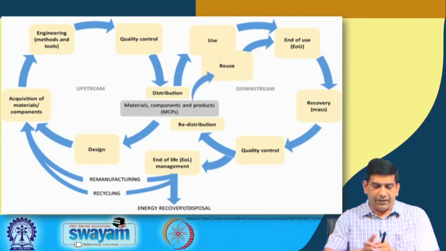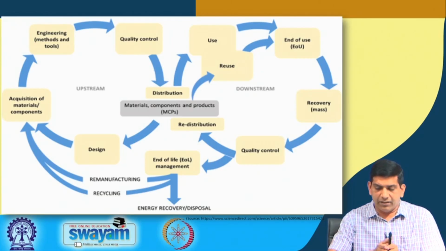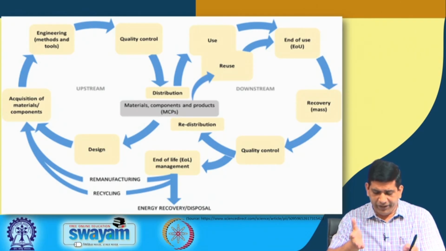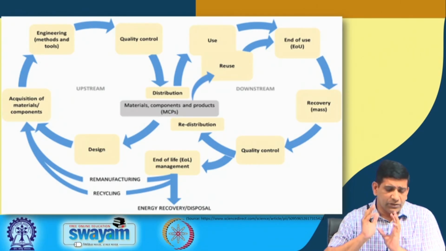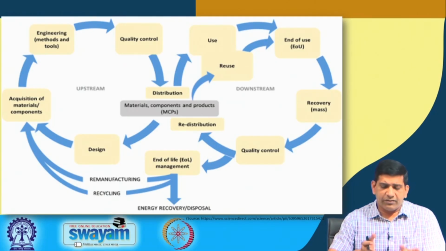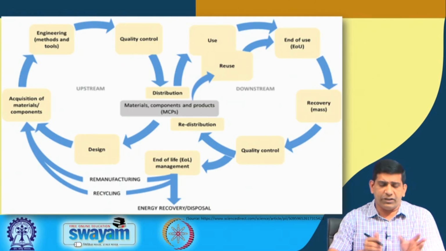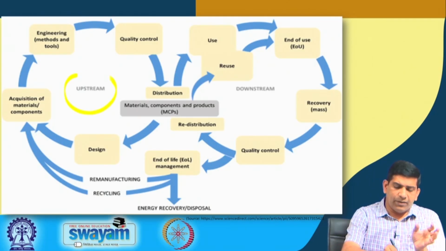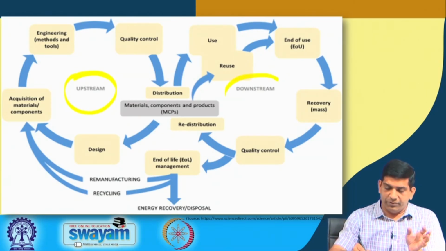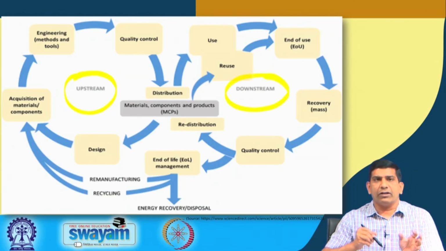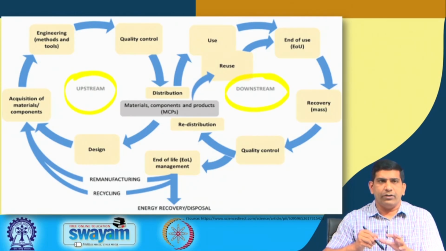So, if you look at it in a cyclic way of how things are moving, in a broad picture we can call the things upstream and downstream. Now, what is upstream, what is downstream? Upstream is, say, you have your material, components and products.